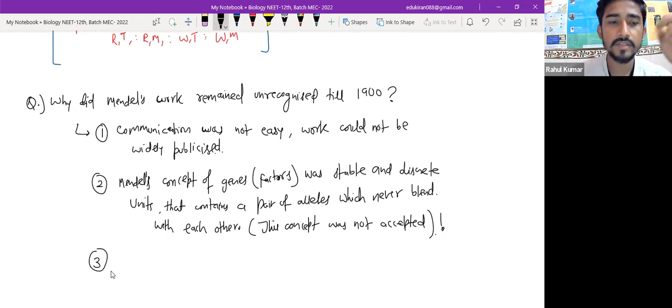And the third reason was that Mendel was the first person who used the concepts of mathematics to prove or to explain the phenomena of biology.